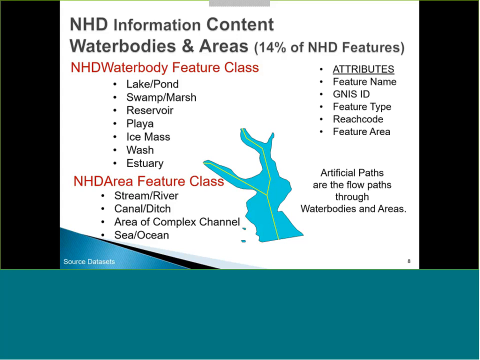Areas of complex channels. These are braided areas where, in the compilation of NHD, they drew a boundary around the complex channels, the braids, and just turned them into, quote unquote, an area. And there's a linear feature that goes through those areas. And finally, sea ocean is our last area feature. The attributes of water bodies and areas are feature name, GNIS ID, feature type, and reach code again.